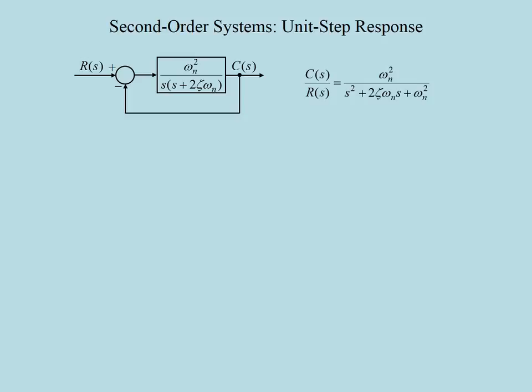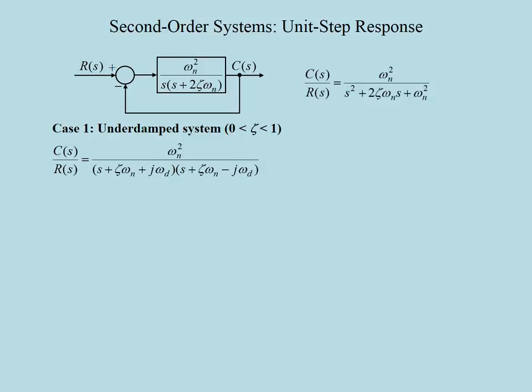So we will analyze the unit step response of the second order system for 3 different cases of zeta. The first one is where zeta is between 0 and 1. In this case, the poles are complex conjugate and the system is said to be underdamped.